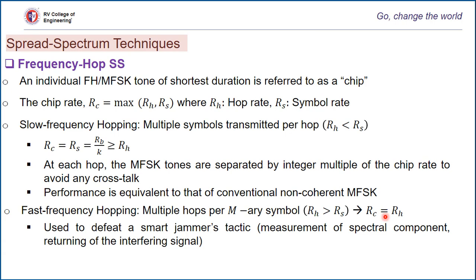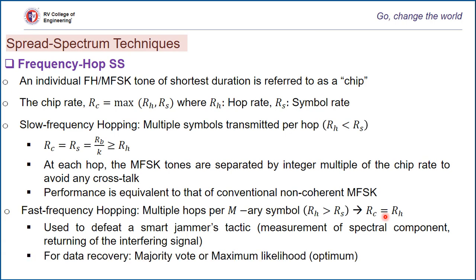That is one part of the jammer, and the other is to retransmit the interfering signal to that portion of the actual frequency band. Clearly, to overcome this smart jammer, the transmitted signal must be hopped to a new frequency before the jammer is able to complete the processing of these two functions. So the hopping should be very fast in fast frequency hopping to defeat this intelligent jammer.